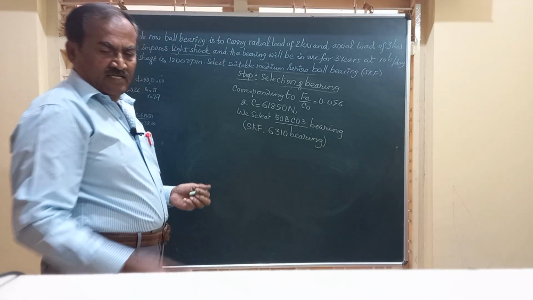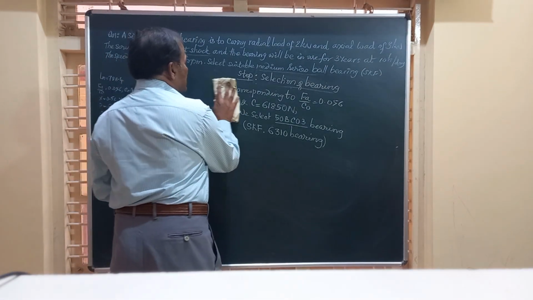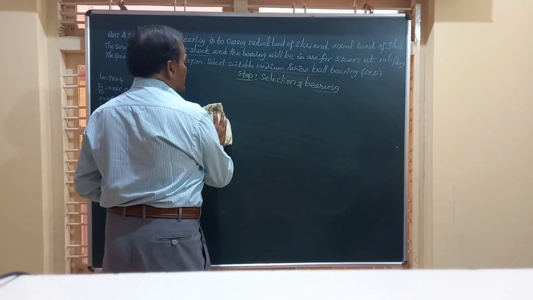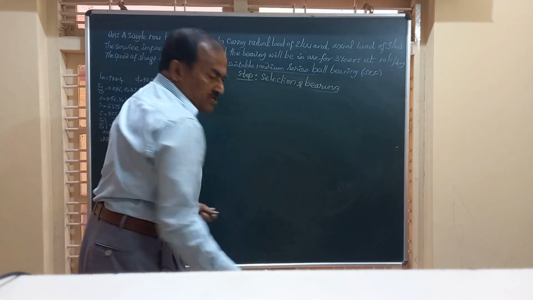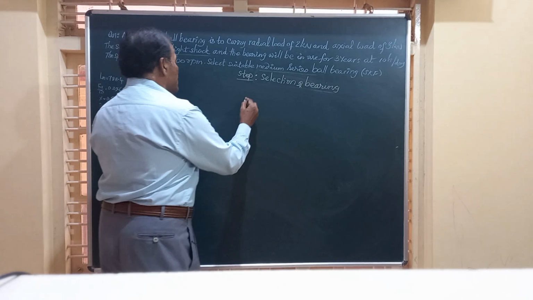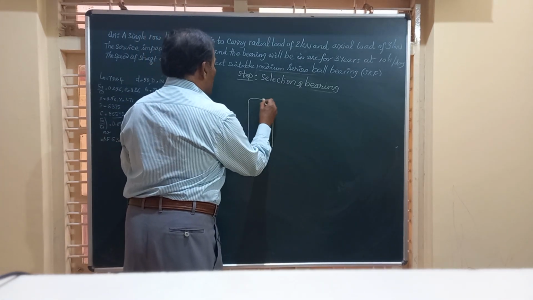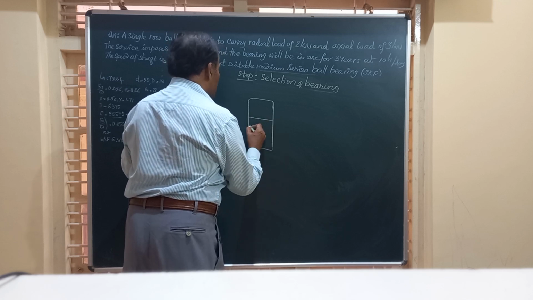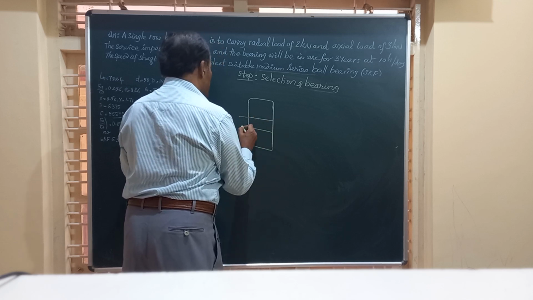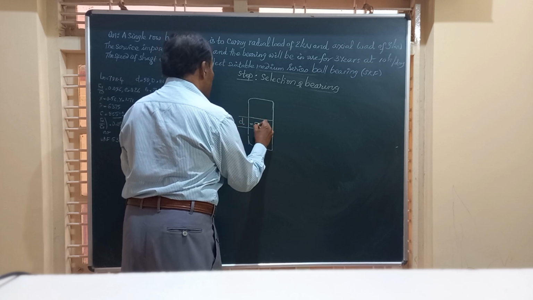So we have selected the bearing, and at the end of this selection, you can draw a simple sketch of that single row ball bearing and show the different parameters. So friends, I will simply draw a simple sketch, and here we have the shaft dia, which we call small d, and that is equal to 50 mm.